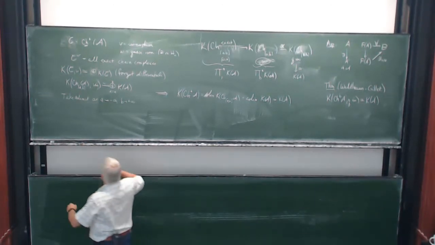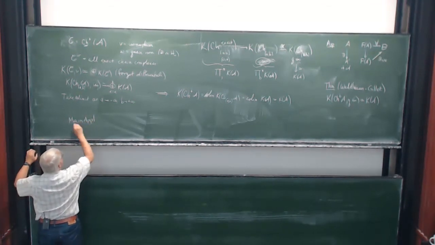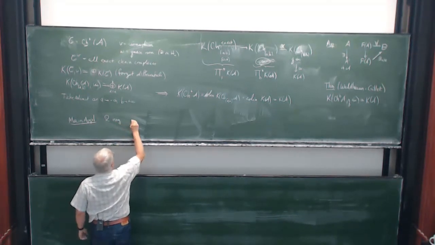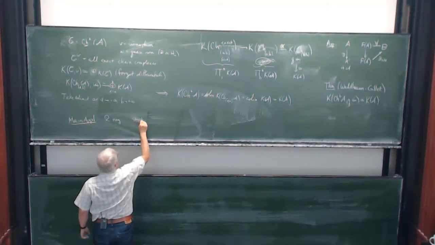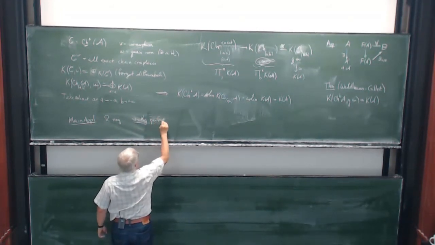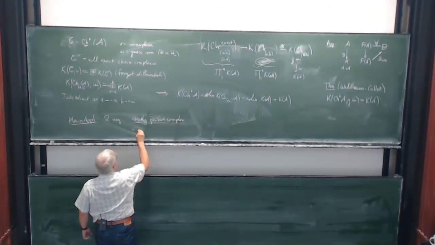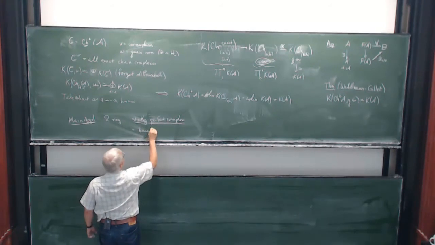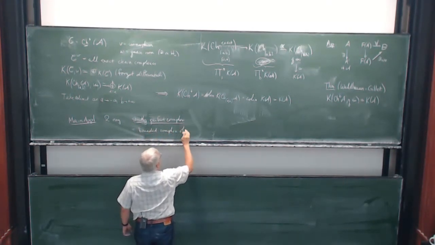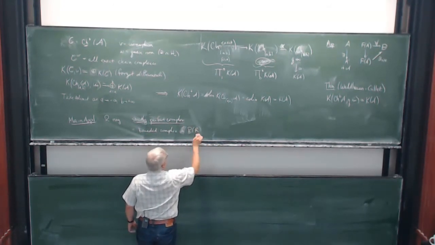So the main application: suppose you have a ring R. A strictly perfect complex is equal to a bounded complex of projective modules. So that's the category of projective modules.